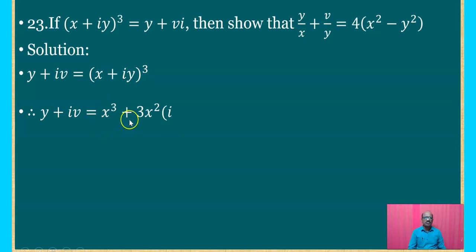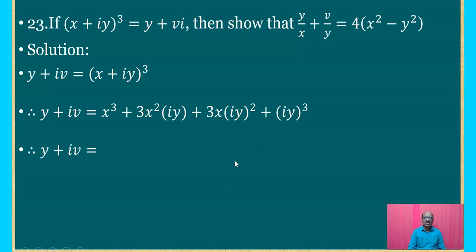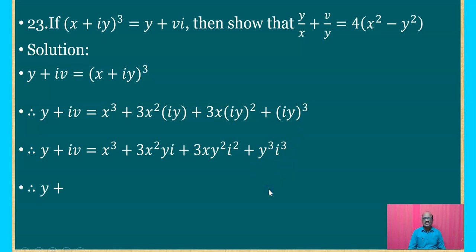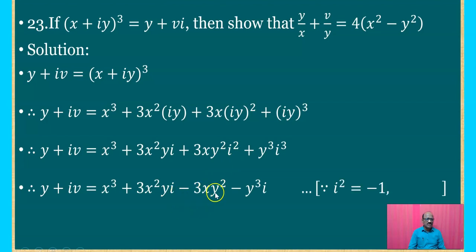Expand this: x cube plus 3x square iy plus 3x (iy) bracket square plus (iy) bracket cube. That is x cube, 3x square yi, plus x y square i square, plus y cube i cube. i cube means what? Minus i. Therefore u plus iv is equal to x cube plus 3x square yi, i square is minus 1, minus 3xy square, i cube means what? Minus i, minus y cube i.